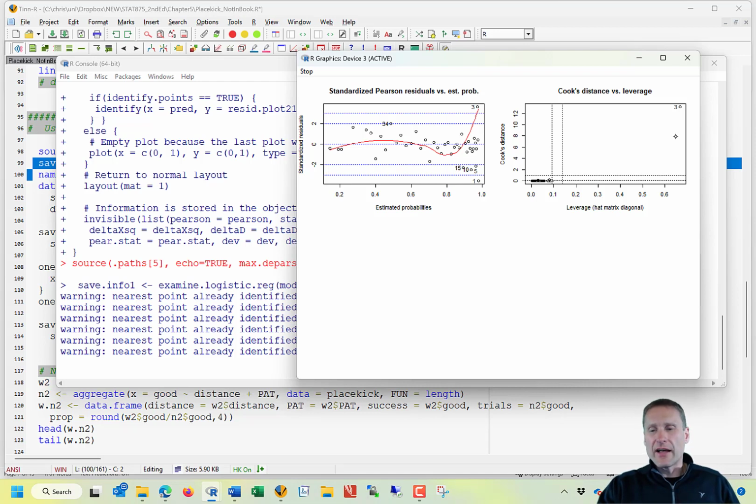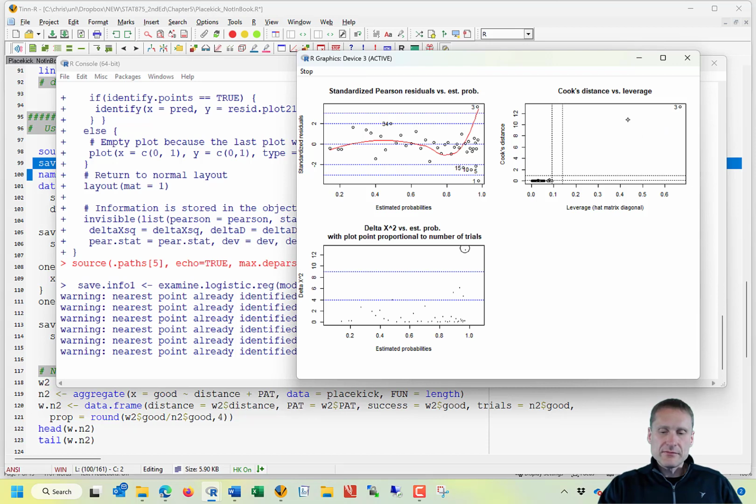If I click on that, it happens to be observation number 3 again. I'm done clicking on these points, so I right-click and say stop. Then I come down here, and I have the delta X squares plotted versus the estimated probabilities. The actual plotting point itself is now proportional to the number of trials.